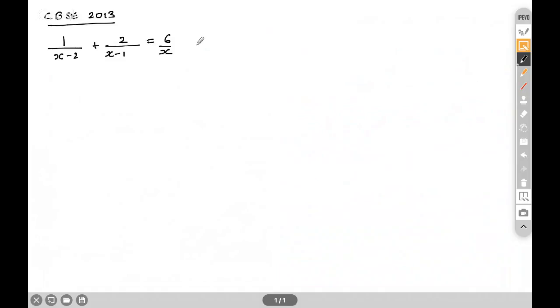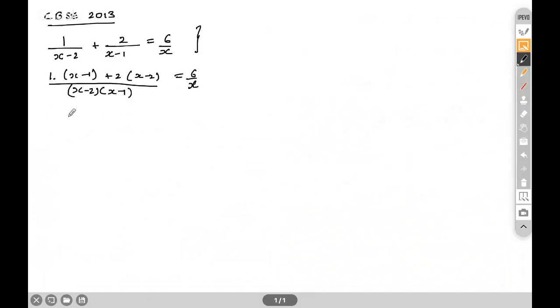Now, clearly this is not a quadratic equation in this form, but it can be reduced to one. How? Let us take the LCM and try to reduce it to a quadratic form. So x − 2 and x − 1 is the common denominator. Here is 1, so 1 times (x − 1), and here is 2, so 2 times (x − 2), and this must be equal to 6/x on the right hand side.